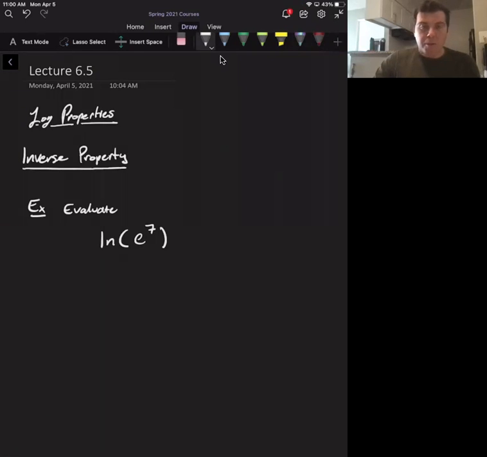Suppose we want to evaluate the natural logarithm of e to the seventh. And remember that the natural logarithm is just log base e. So this would be log base e of e to the seventh. Now to evaluate this, we're going to first start by setting ln of e to the seventh equal to y.